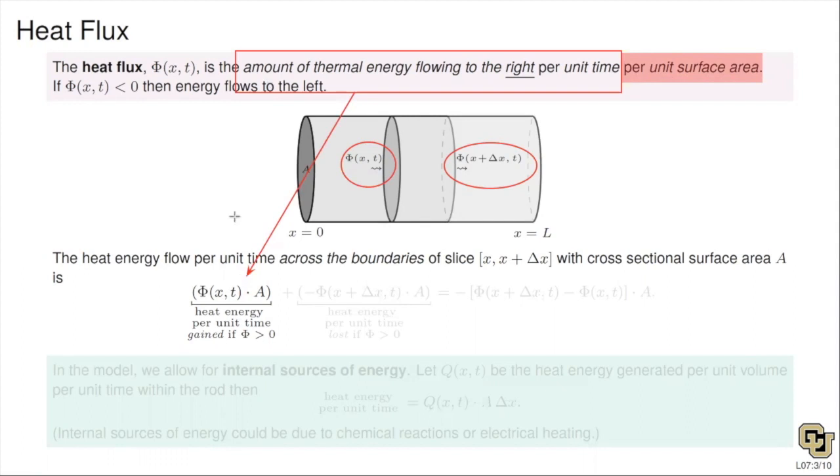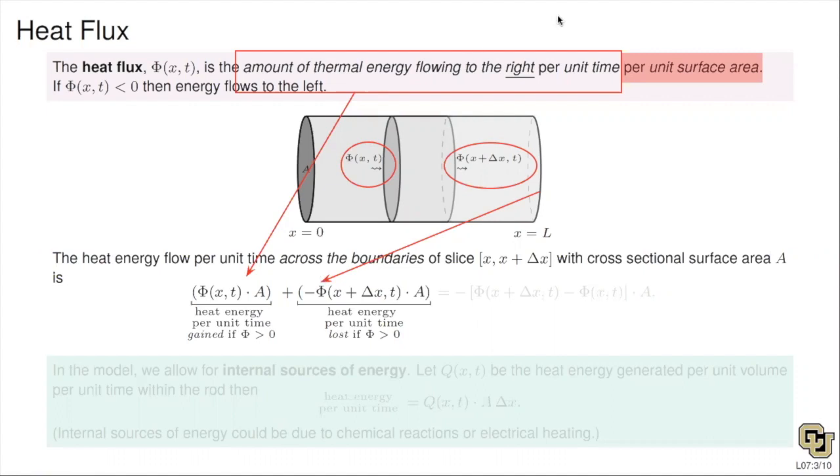That's at the right. At the left, it's losing heat. So here I have a minus sign to indicate heat loss: heat energy lost at x plus delta x, assuming phi is positive.